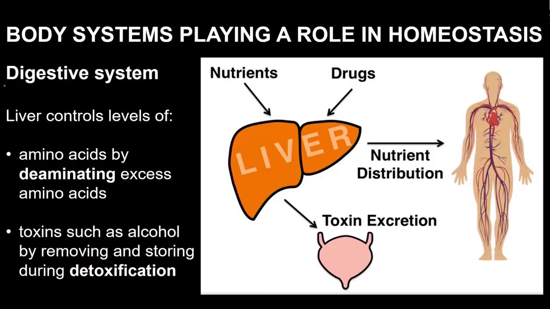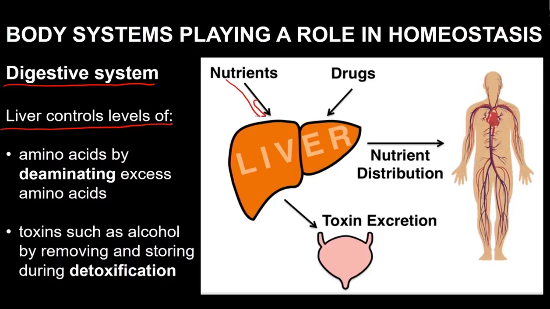Now let's look at another system. Let's have a look at the digestive system. Now the digestive system breaks down the food and puts the food into the blood. The blood from the digestive system then goes to the liver, and the liver does the homeostasis or controlling of levels. So nutrients go to the liver, and what the liver does is it controls the level of nutrients.